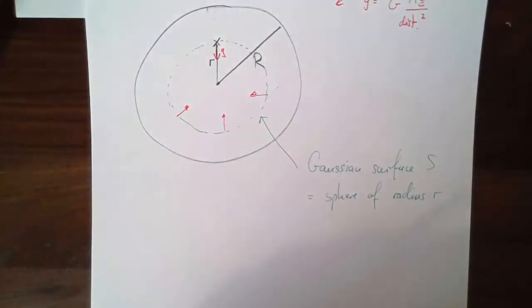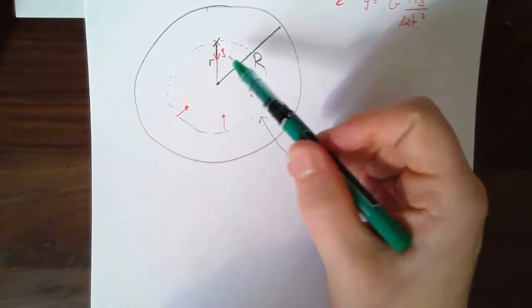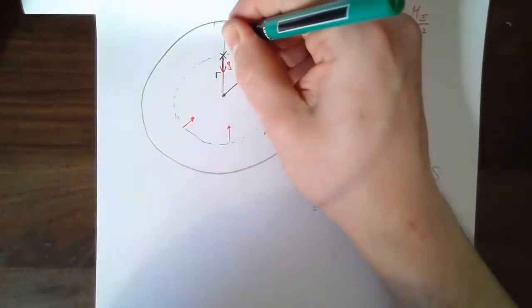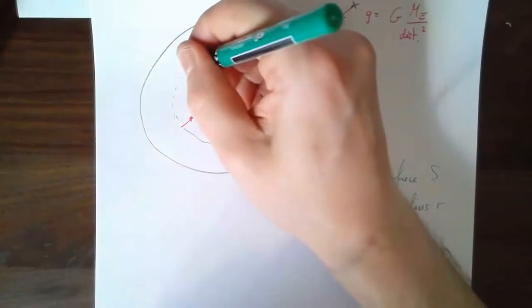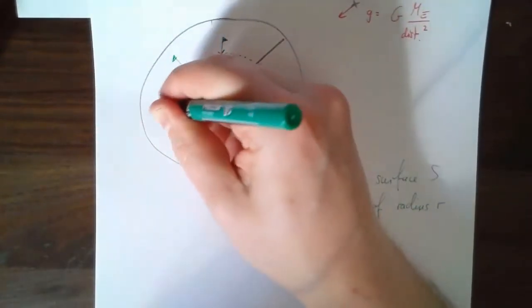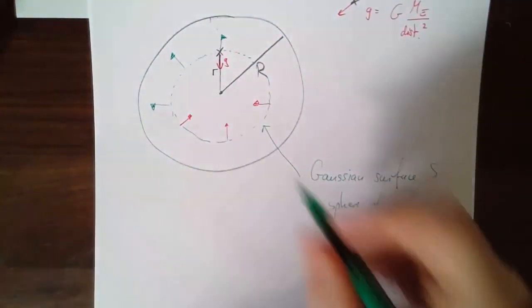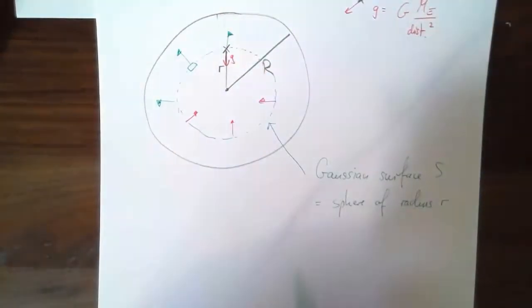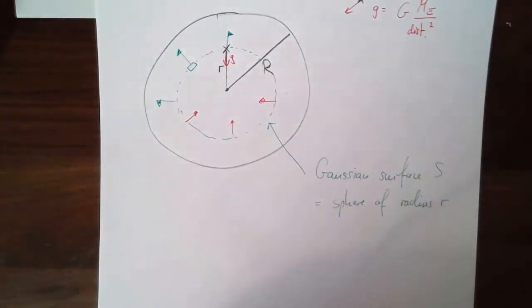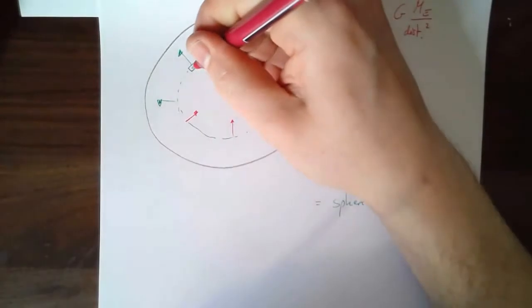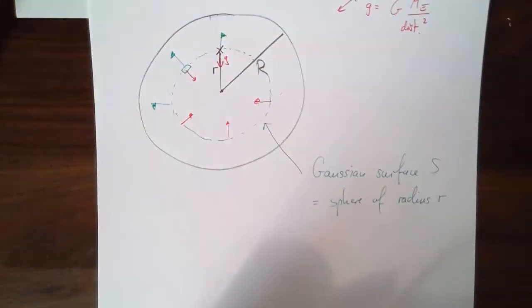What's the angle between the flag and the gravitational field? Well, the flags on my surface go like this. So if I figure out a little area here, then the angle is going to be 180.